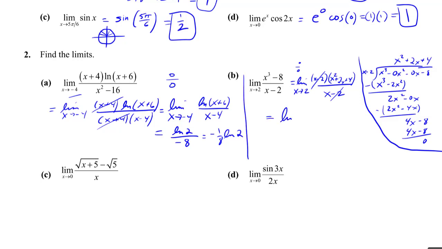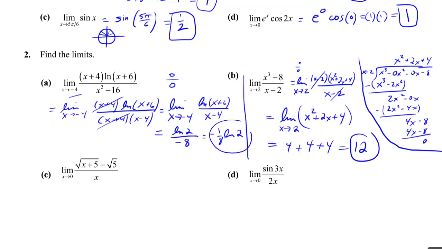And I just get the limit as x approaches 2 of x squared plus 2x plus 4, which now is a plug-in. 2 squared is 4, plus 2 times 2 is 4, plus 4, and I get 12. Okay.